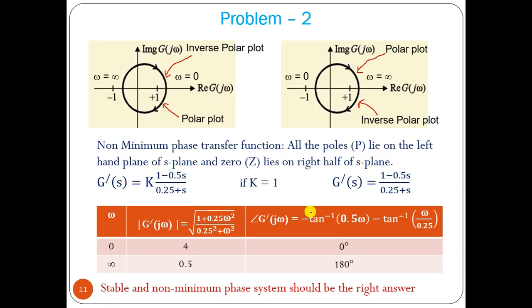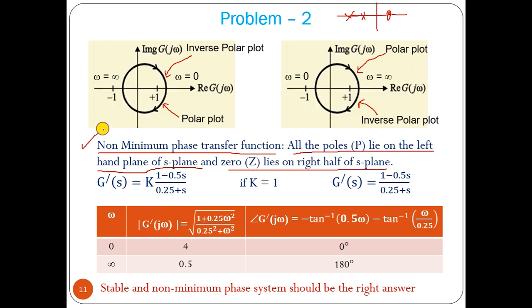Now let us see whether we can get the answer from a non-minimum phase transfer function or not. Non-minimum phase transfer function means all the poles lie on left half plane of S plane and 0 lies on right half of S plane. That means poles are on left half and we may have 1 0 at right half.